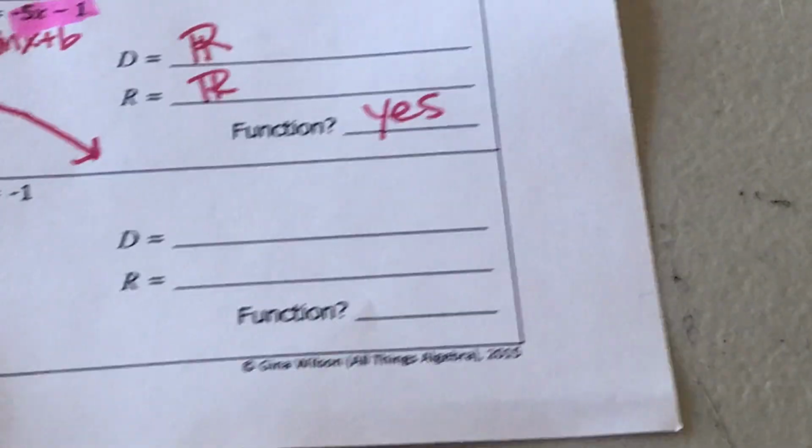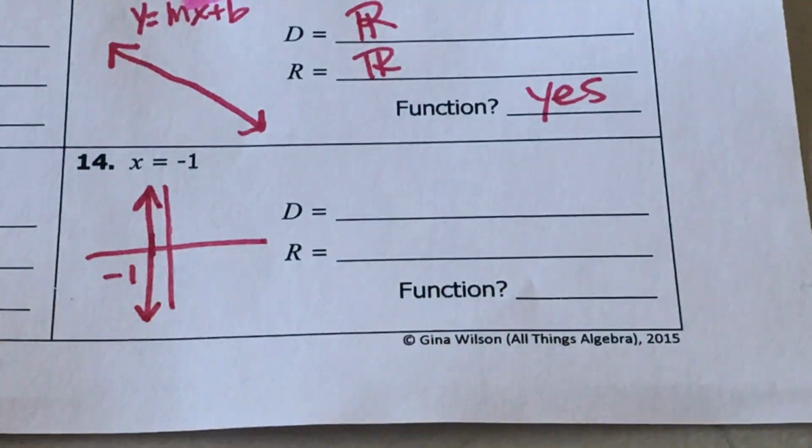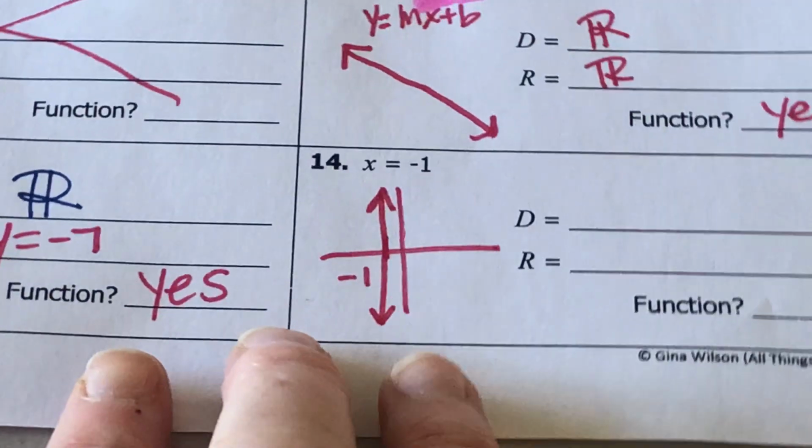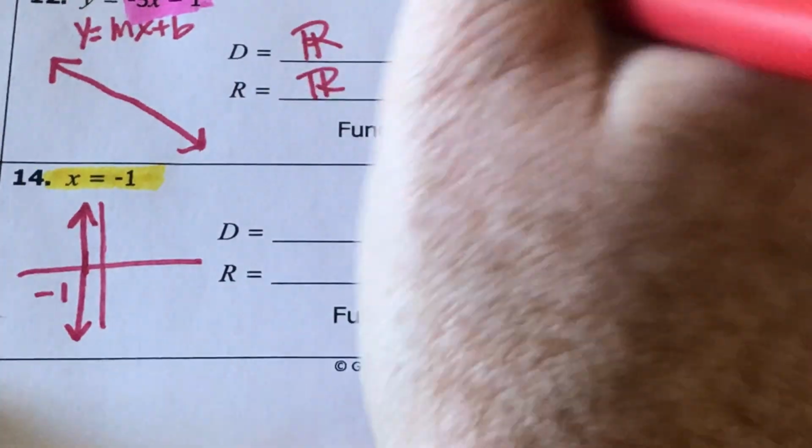All right, last one. So x equals -1, and you can just graph this on your calculator if you have it. If not, sketch the graph. X equals -1 is that. All right, and let's use what we knew about 13 to help us with 14. So if I'm given a specific x value, that has to go in my domain.